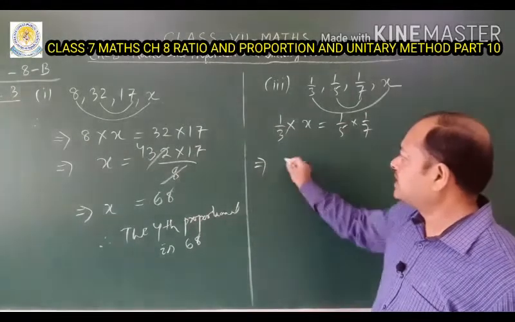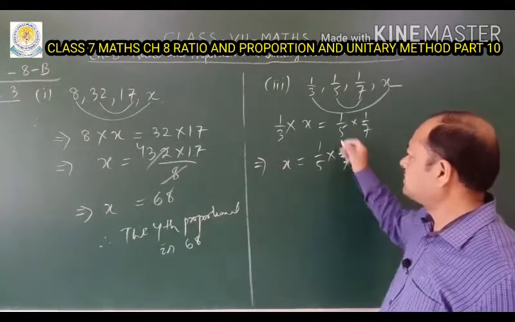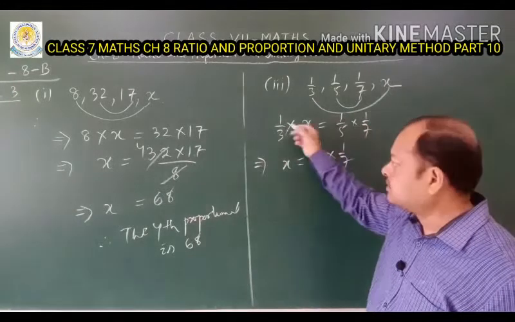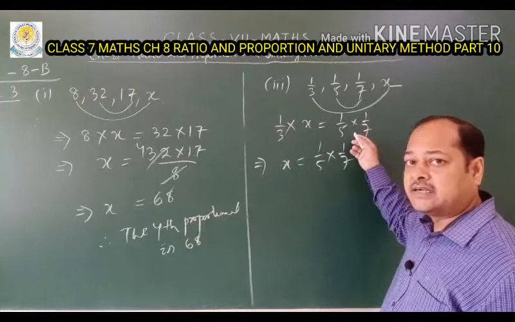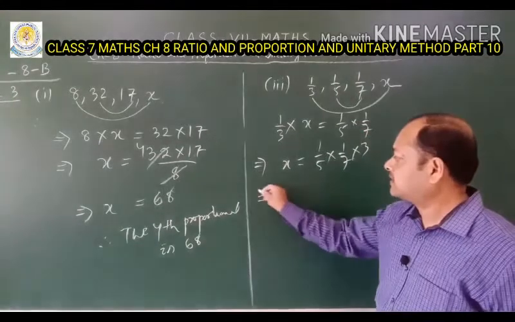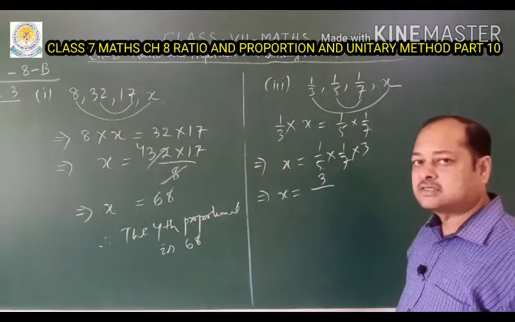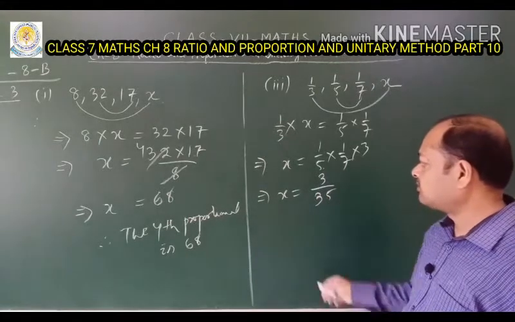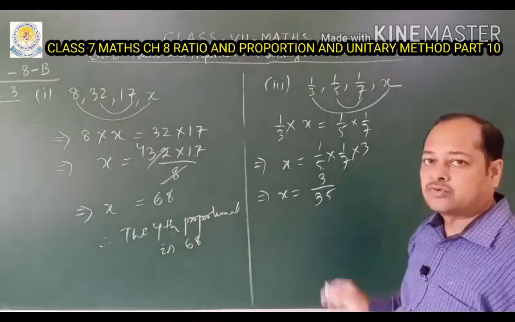So x equals 1 by 5 into 1 by 7 on the right hand side, and 3 will be transposed because 3 is divided here, it will be multiplied with the other side value. So x equals 3 upon 5 sevens, how much? That is 35. So we got the value of x as 3 upon 35, and that is the fourth proportional.